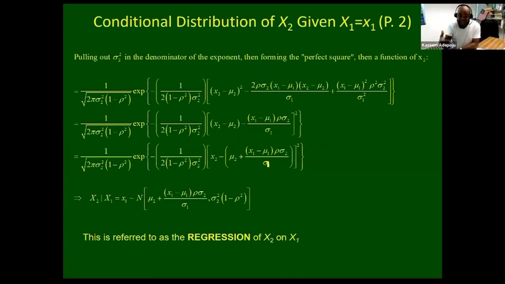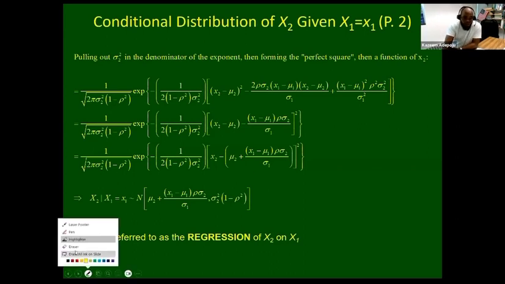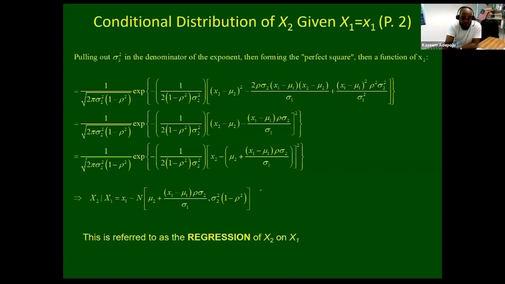I derived that using the fact that the conditional function is equal to the ratio of the joint to the marginal, as you can see.